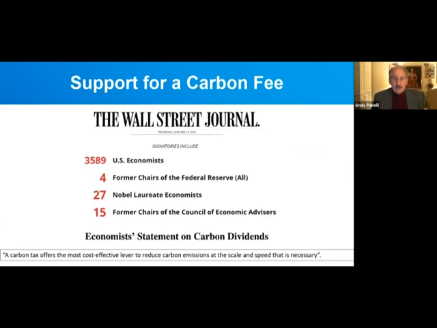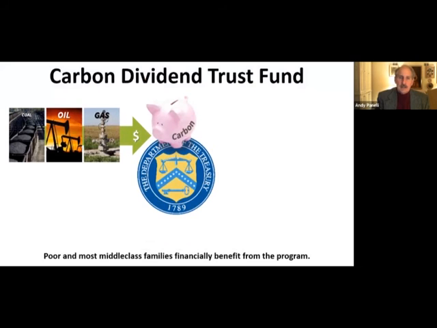There was a survey done of U.S. economists, unprecedented. We had over 3,500 U.S. economists of all political stripes suggest that a carbon tax where you give the money back to U.S. households offers the most cost-effective lever to reduce carbon emissions at the scale and at the speed that is necessary, both conservative and liberal economists.